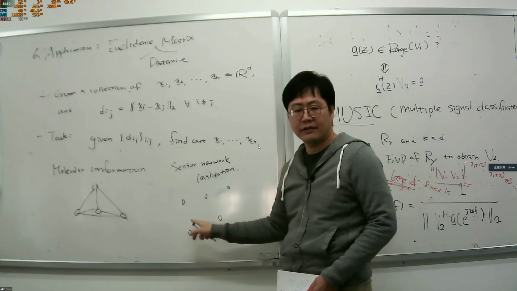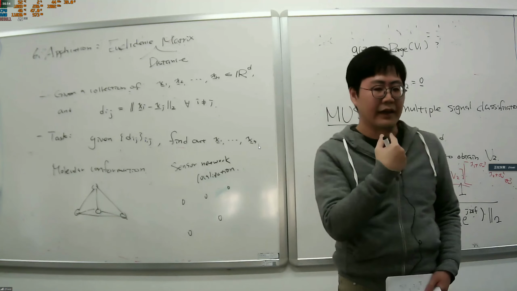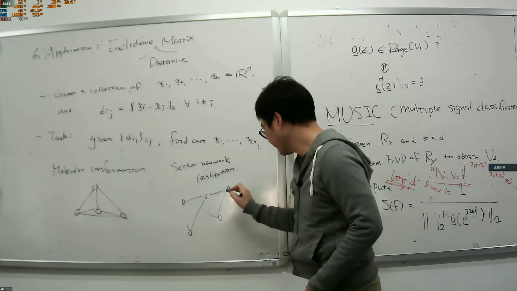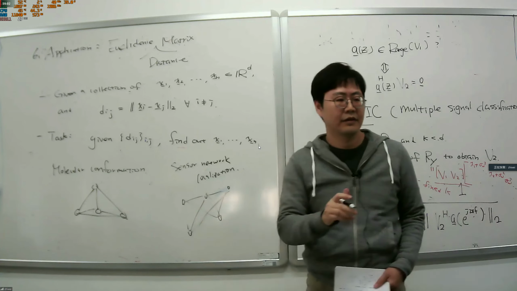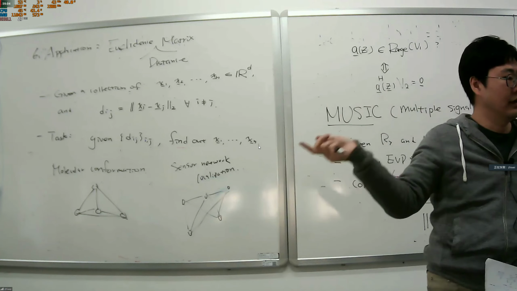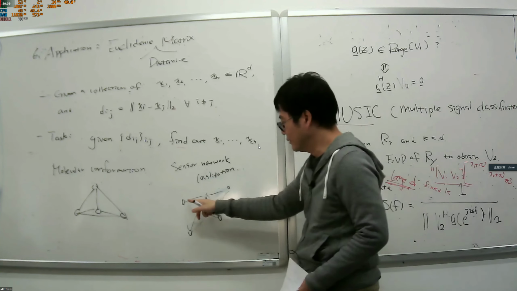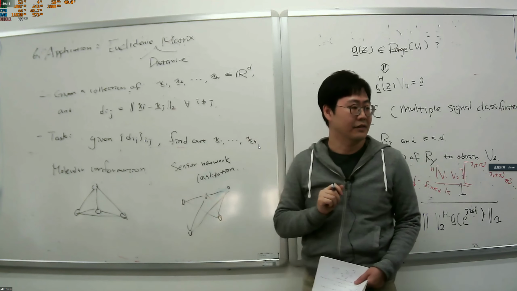Then the others can receive the signal, and by the traveling time, they can measure the distance between any two sensors. Then you want to find out the exact locations of these sensors.